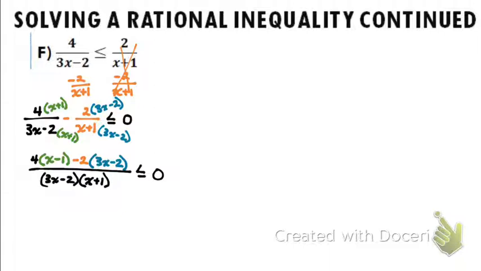I'm going to need to distribute up in my numerator. And then I'm going to need to combine my like terms together. 4x minus 4 minus 6x plus 4. What nice thing just happened for us there? The 4's are going to cancel out.